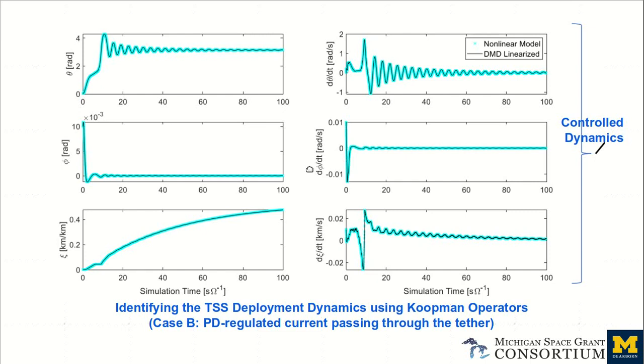Also, the whole mission was subject to unknown disturbances. Specifically, in this case, there were sinusoidal disturbances. Again, the blue line represents the nonlinear model and its generated data. The black line represents the DMD linearized dynamics. Again, there is a very good overlap between all these linearized dynamics and the underlying nonlinear model.